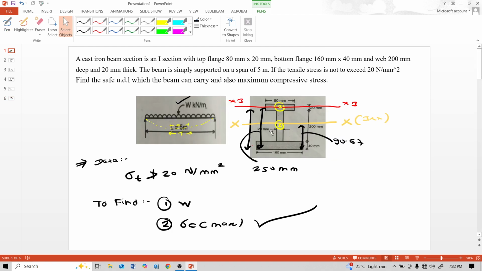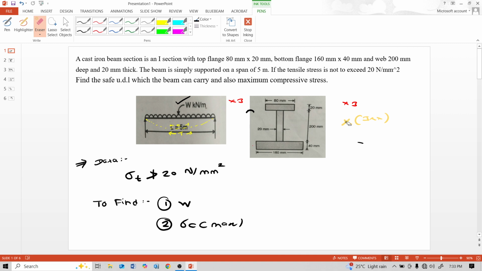For that, I cross section with simply supported beam. See this I cross section, total depth is 200 plus 40 plus 20, that means 260 mm total depth, and this cross section is cast iron.